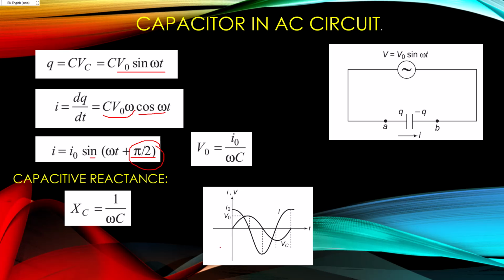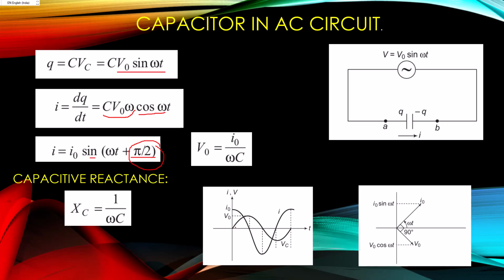And this is the diagram of sinusoidal current and voltage. We clearly see that current and voltage are not in phase. To be more clear, we see the phasor diagram here. This vector represents the current, this vector represents the voltage, and clearly we see a phase difference of pi by 2 or 90 degrees.